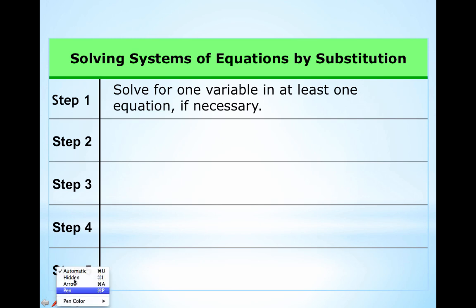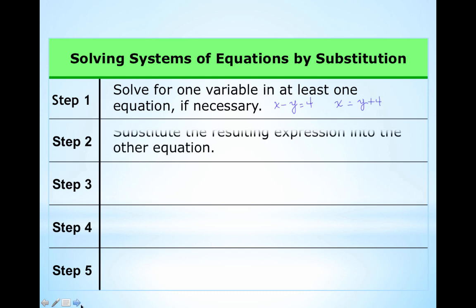But for right now, I had an equation like the last one, x minus y equals 4. I solved for x by moving the y to the other side. So that was my first step. My second step was to substitute that result into the other equation.